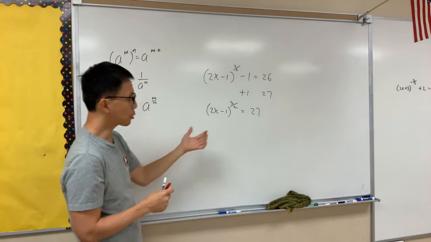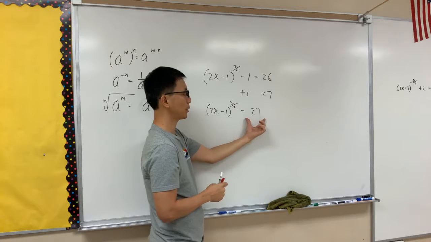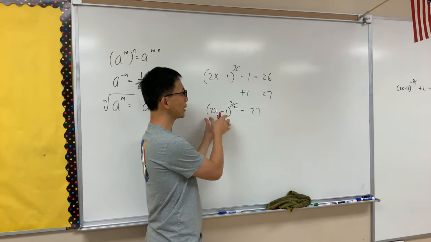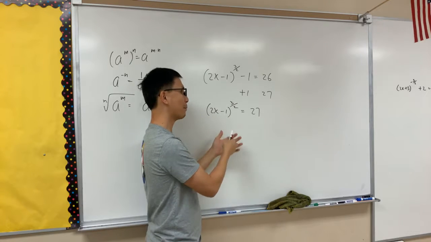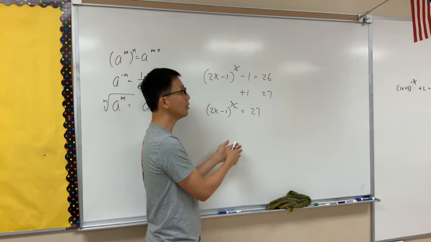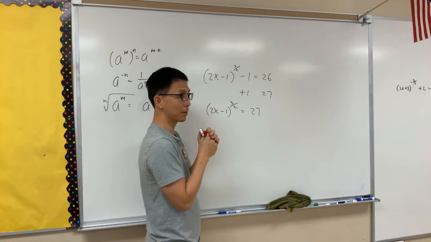Now, let's just treat it like a seesaw. This is a balanced equation, so this is equal to this. If I add more weight on one side of the seesaw, I have to add the same weight on the other side, and it's still going to be balanced, right?